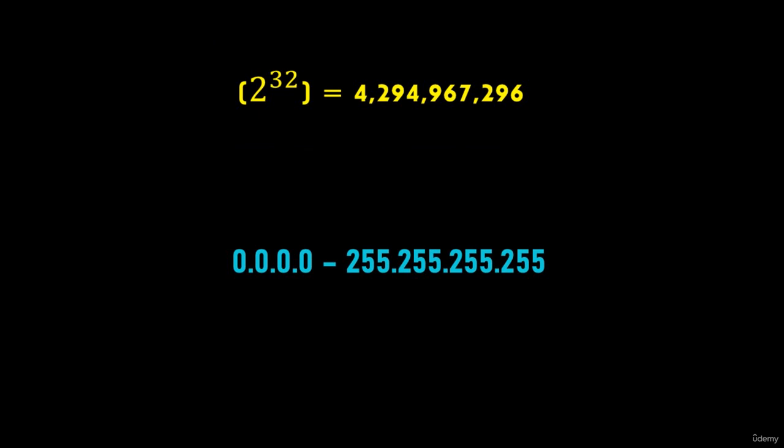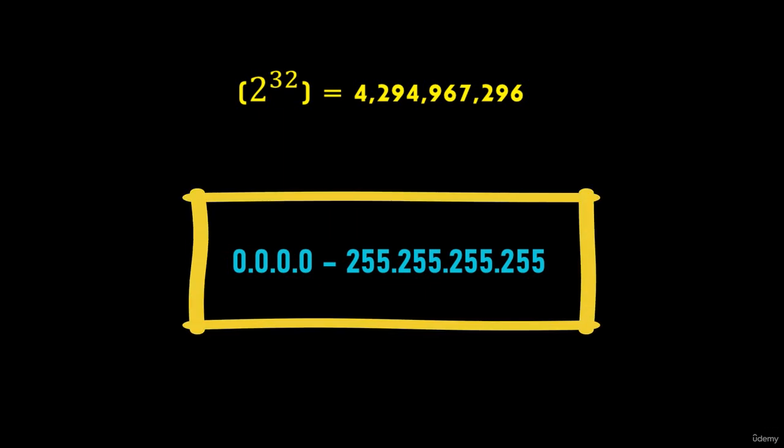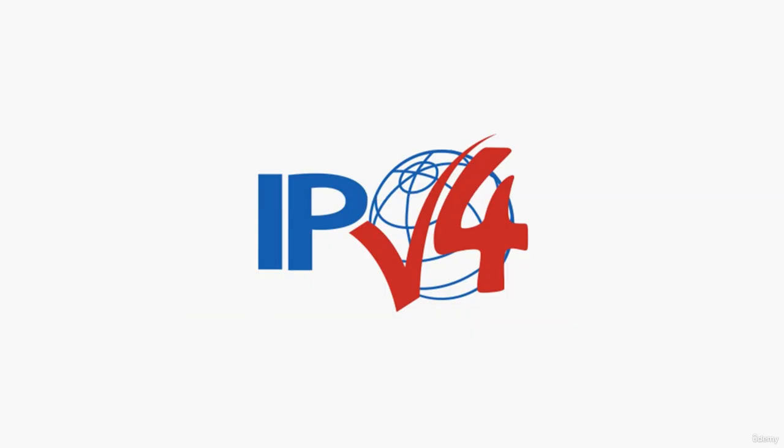This possibility assigns each user an IP address between the numbers 0.0.0.0 and 255.255.255.255.